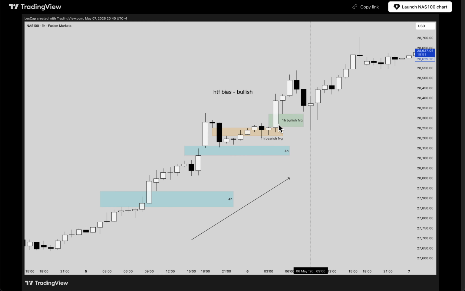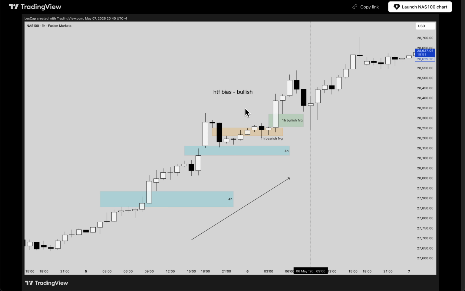Also, during the European session, just before the 9:30 equities New York open, it created a 1 hour bullish fair value gap. So the arrow here signifies that the trend is towards the upside, bullish bias, and that's when I'll say that high time frame bias is bullish.